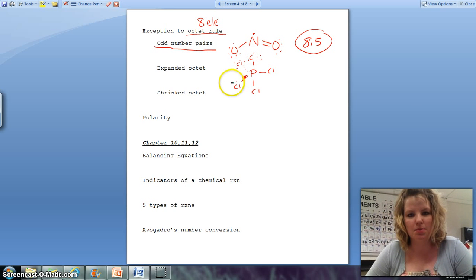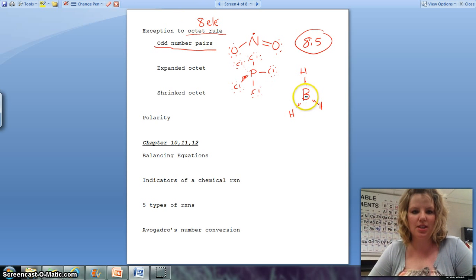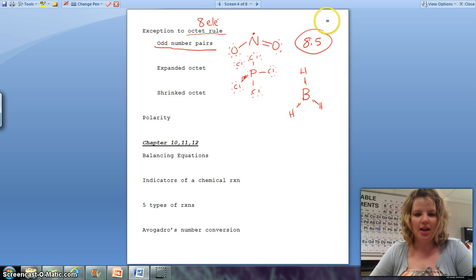And then the shrunken octet is just what it sounds like: there's not enough electrons. Boron is our example here, because boron only has 6 shared electrons, when the octet rule states that you need 8, but boron's a moron, and so he only needs 6, because of his placement on the periodic table.